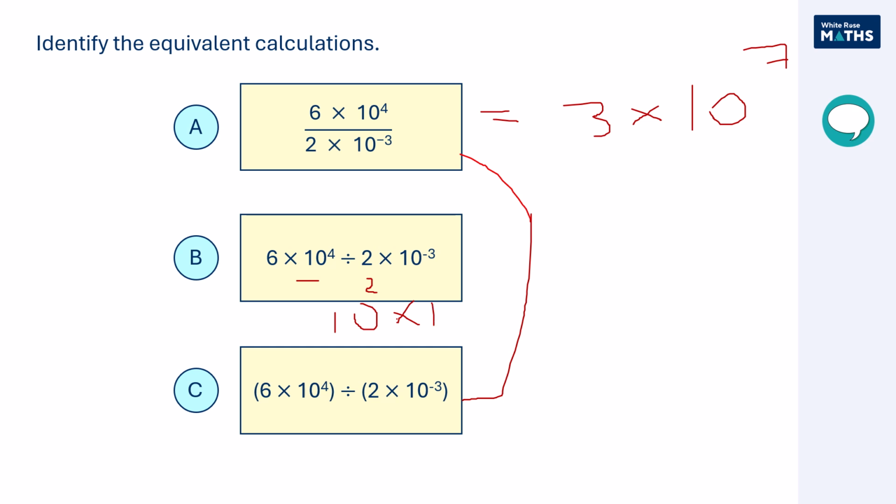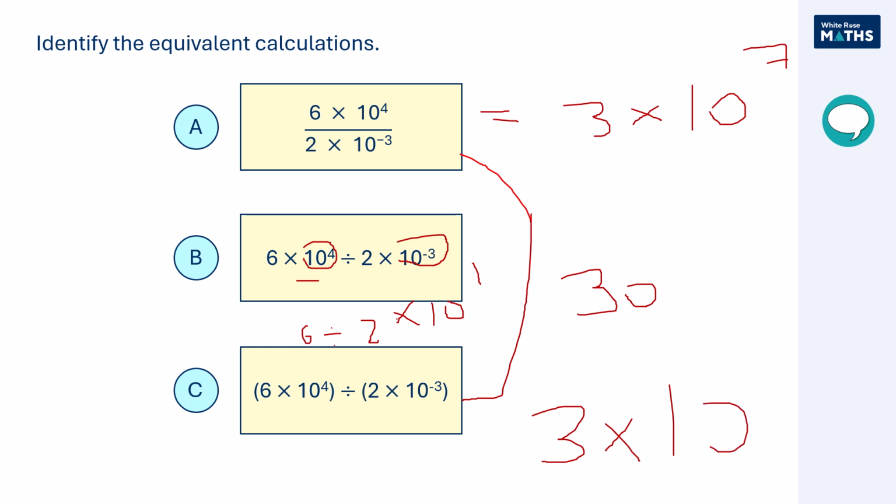What am I talking about? 6 to the 4, I mean. So 10 to the 4 times by 10 to the minus 3 makes 10 to the power of 1. You've got 6 divided by 2 times that. So that's going to be 3 times 10 to the 1. That should be 30. Whereas A and C give you the answer 3 times 10 to the power of 7.